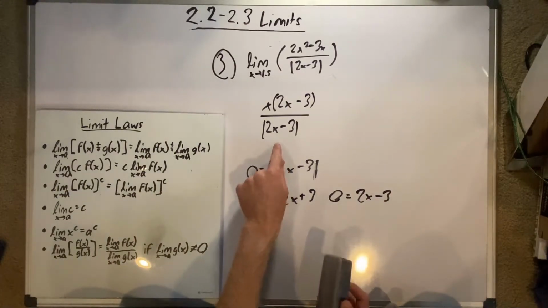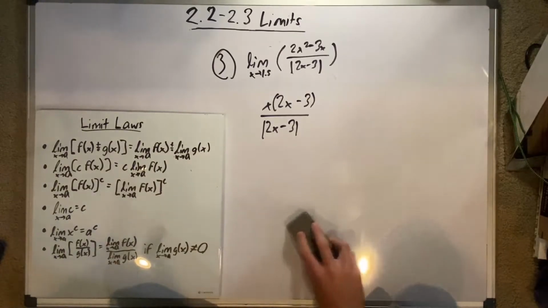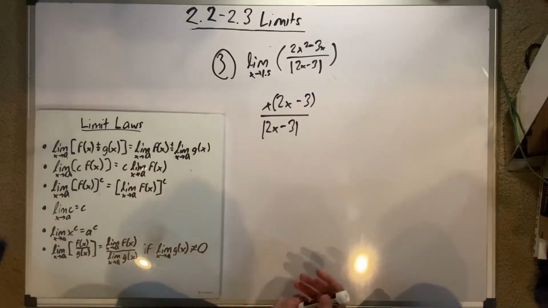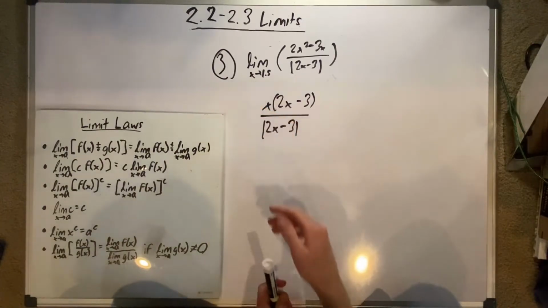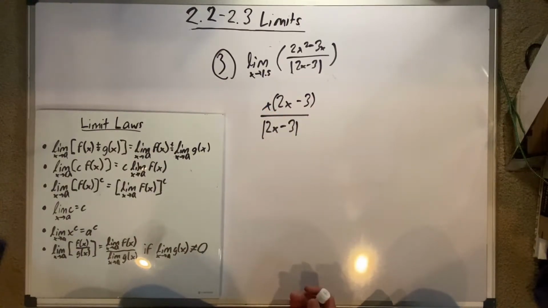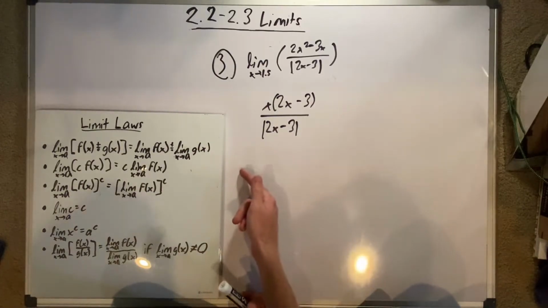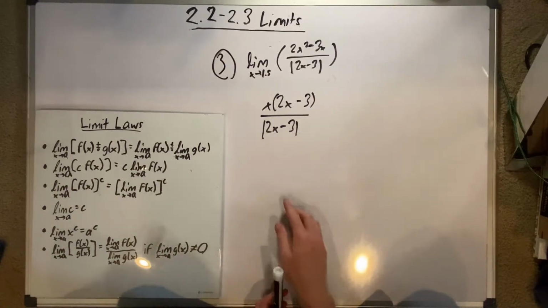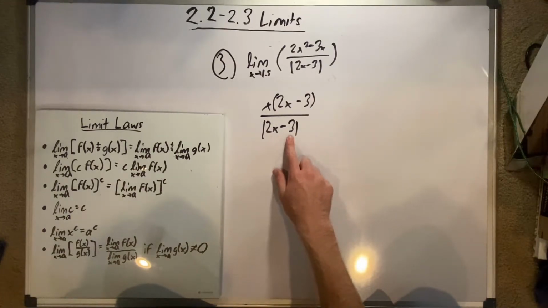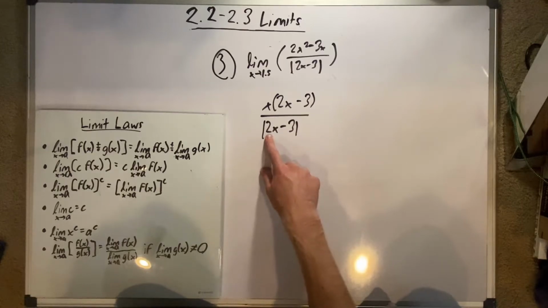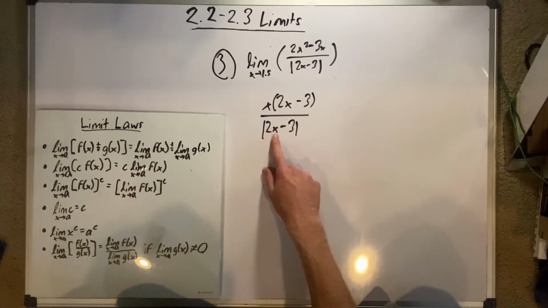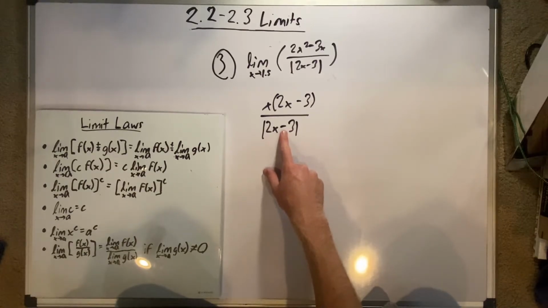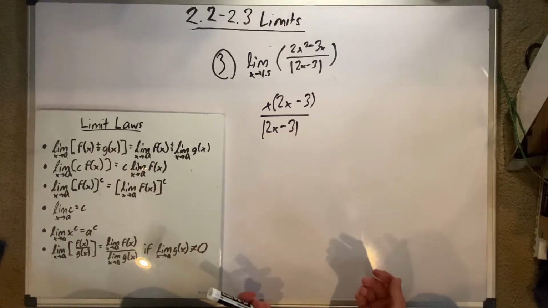We're going to do the exact same thing here, except we're going to make it a little more calculus-y. So we want the limit as x approaches 1.5. Notice that x approaches 1.5 is the perfect number to make these not able to be plugged in, which means as you approach from the negative side, you're always going to get a number less than 3 here, so minus 3 will always give you a negative number.